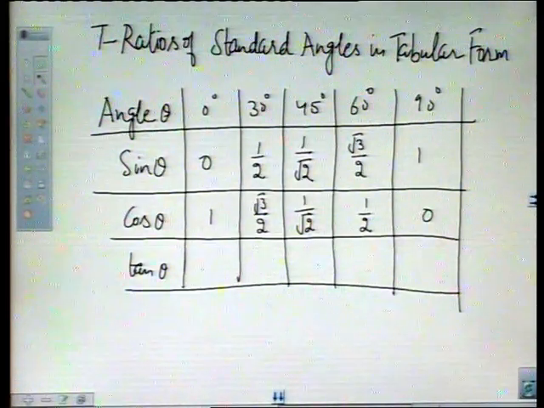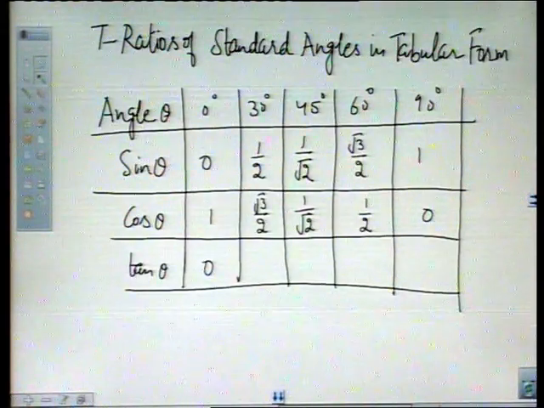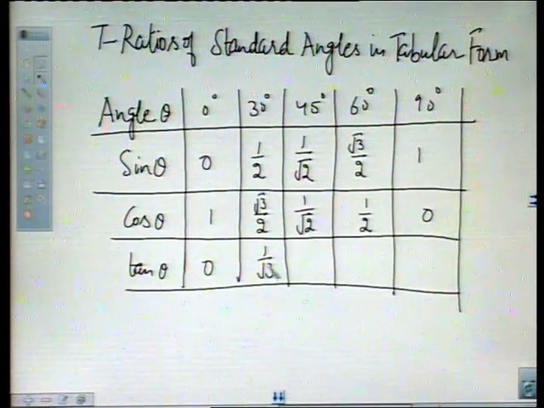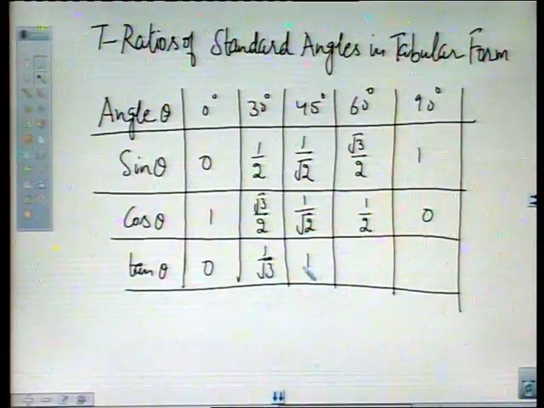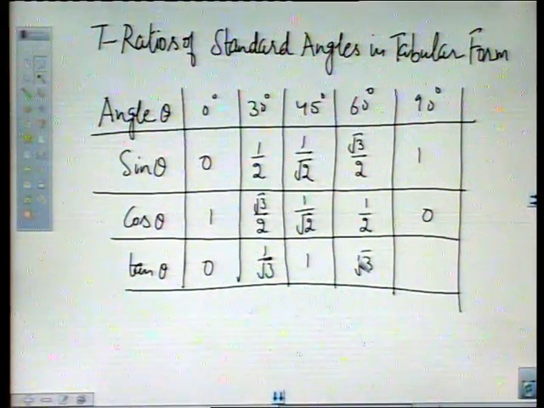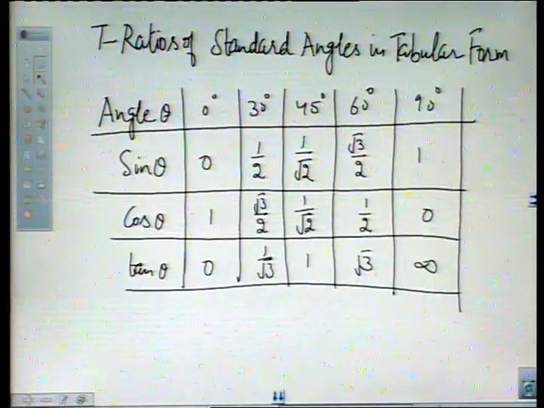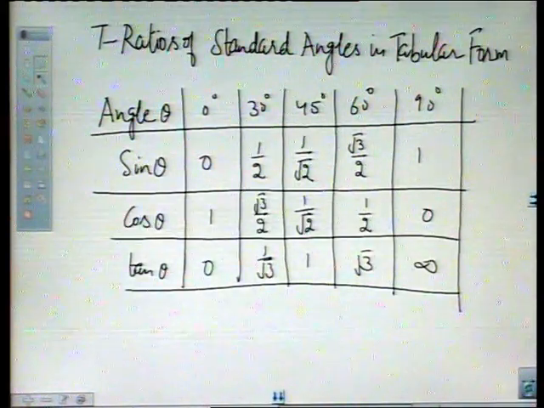Tangent 0 is 0, then tangent 30 is 1 over under root 3, tangent 45 is 1, tangent 60 is under root 3, and last tangent 90 is infinity. We will make use of these values in our questions in order to solve them.